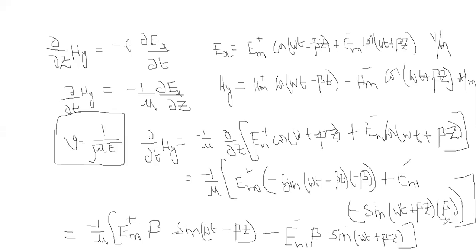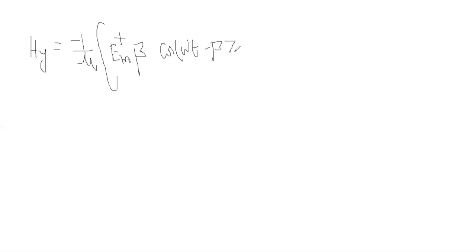Okay, let us see here. Hy is equal to minus 1 by mu into the first term having the Em plus beta, the integral of sine function becomes cos omega t minus beta z, and the t coefficient is a omega.